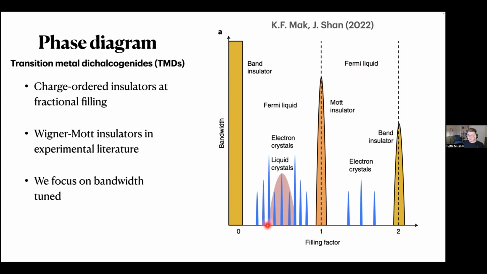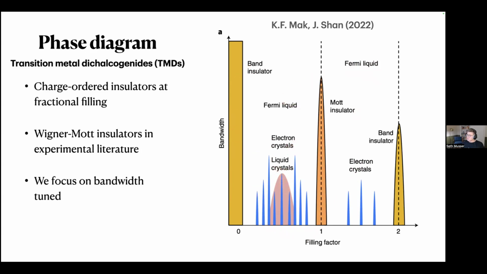But nonetheless, at these fractional fillings, you see crystals, which are referred to as Wigner-Mott insulators in the experimental literature. And at least theoretically, you can have a really rich phase diagram by just fixing your filling and thinking about bandwidth tuning between one of these crystals and a Fermi liquid.